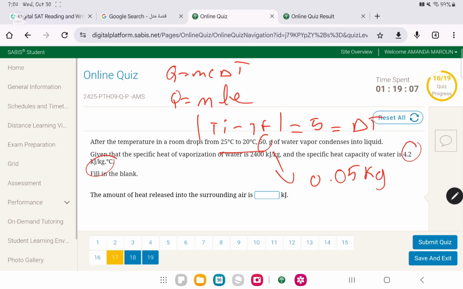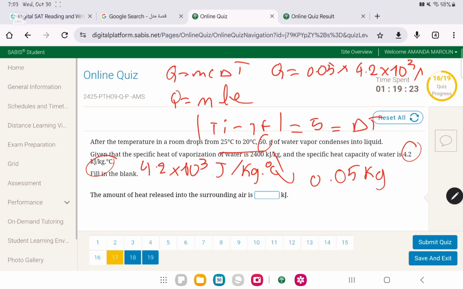Then we have C, which is 4.2 times 10 to the 3 joules per kg times degrees Celsius. So now we get Q is equal to the mass, which is 0.05 kg, times the C, which is 4.2 times 10 to the 3, times the delta T, which is 5. So we get the first energy, which is 0.05 times 4.2 times 10 to the 3 times 5.